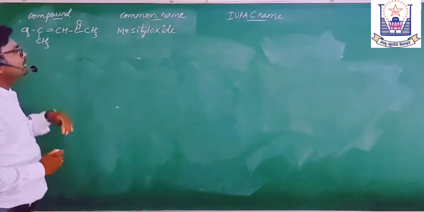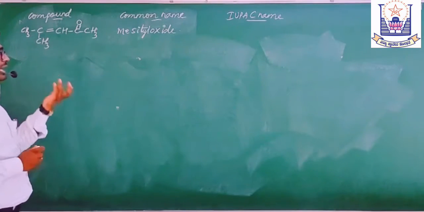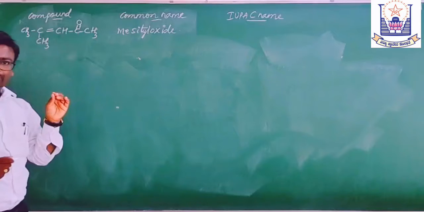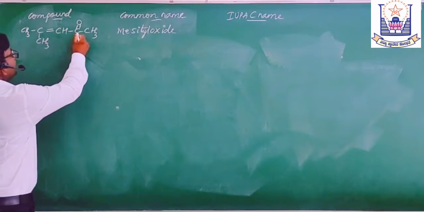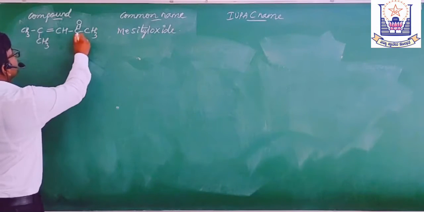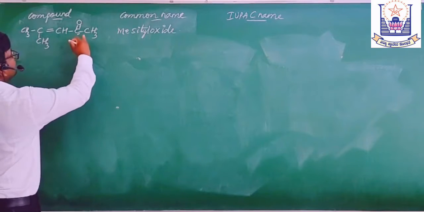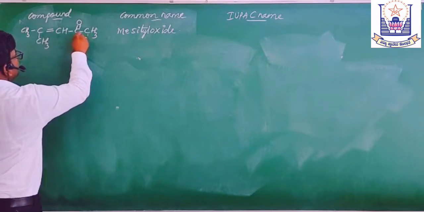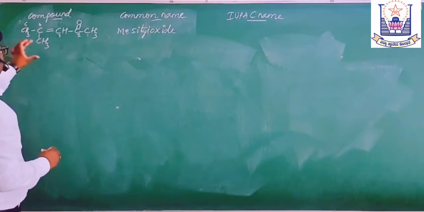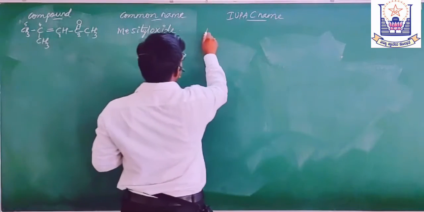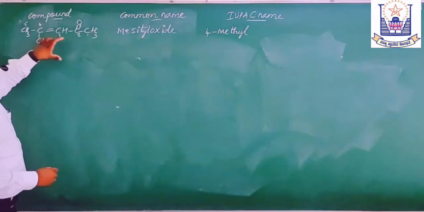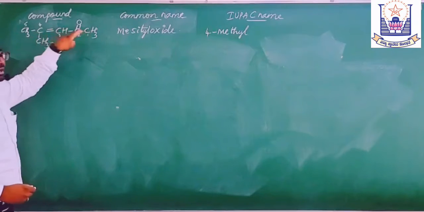What is the IUPAC name of this compound? Again, we have to choose the lowest sum rule. In this parent chain you have 5 carbon atoms, and we have a carbonyl functional group and a double bond. Of these two, the carbonyl will take the preference, so we have to start numbering from this carbon: 1, 2, 3, 4, 5. Now we have a prefix 4-methyl, then pent, 5 carbon atoms are there.